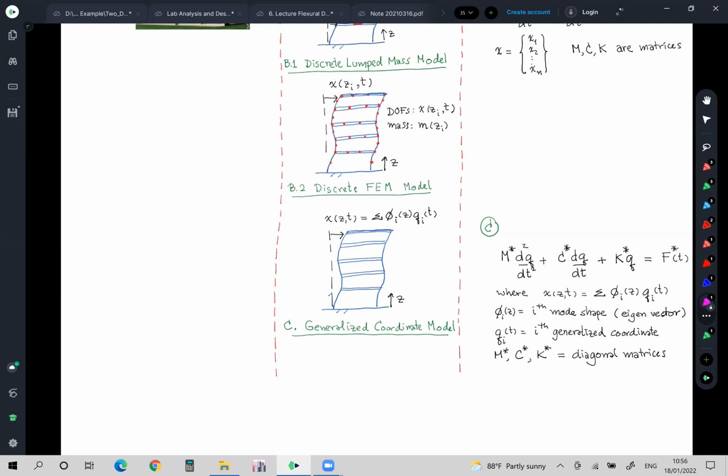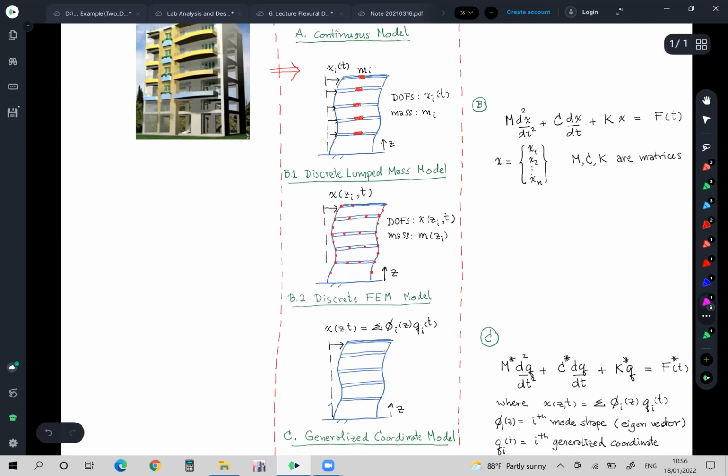It's very similar to equation B, except some parameters are well defined according to the generalized coordinate concept.